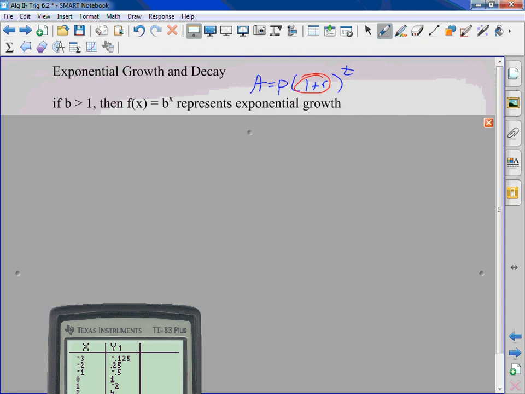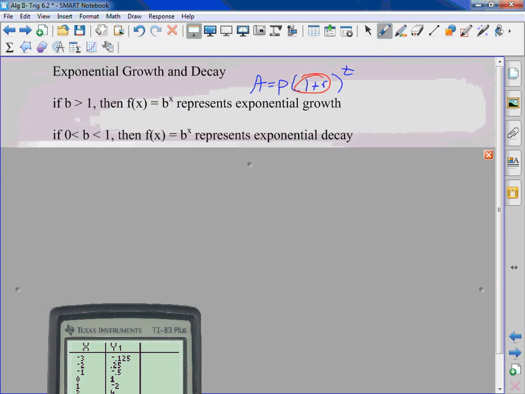This part right here, if it was greater than 1, meaning growth, if it was less than 1, that's when we had decay, and it was always 100 minus that percent. It's just rephrasing what we did before. It's tying the two together.